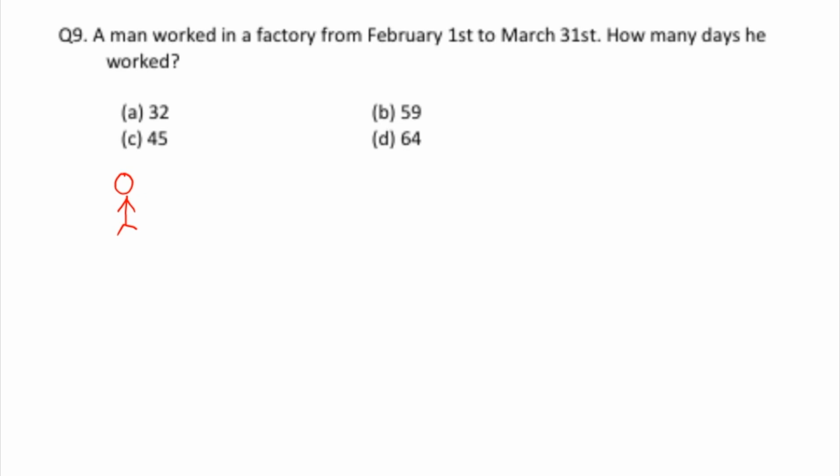He started to work from February 1st till March 31st. So let's see. In February, how many days are there? Let's assume it's a normal year and not a leap year. So in February, as you all know, there are 28 days.